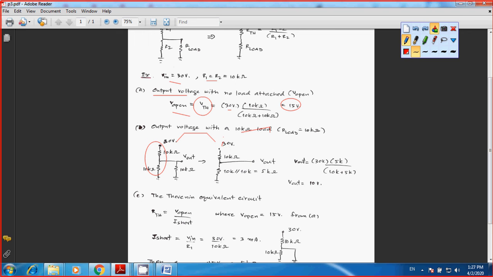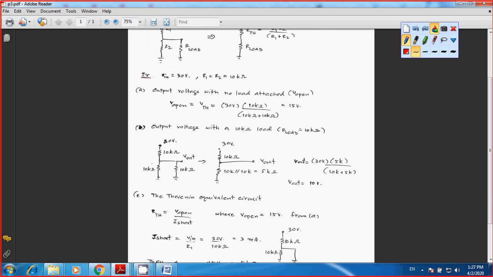It's supposed to be 15 volts, because you apply Thevenin theorem. Sorry, let's start over again.